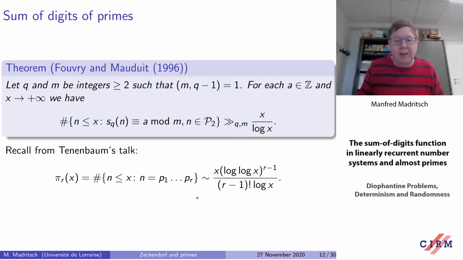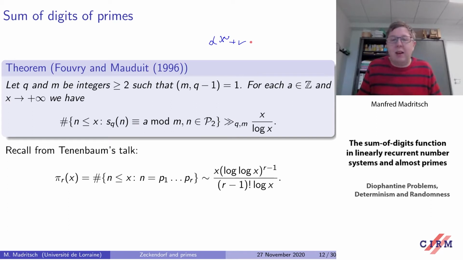Then in 96, Fourier and Madritsch were looking at almost primes. Hennenfent conjectured that the arithmetic progression, which is nothing else than a function of the form d times x plus r, a very easy linear polynomial, could be generalized.